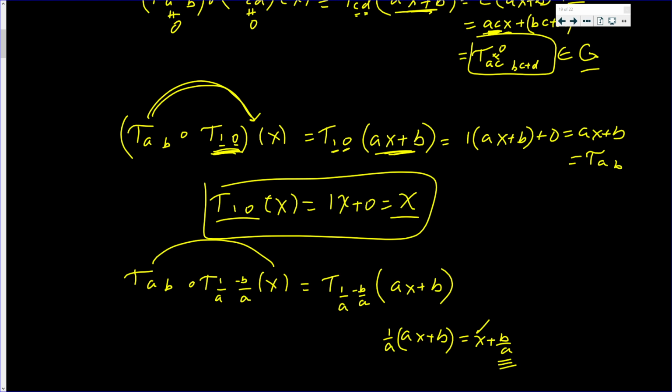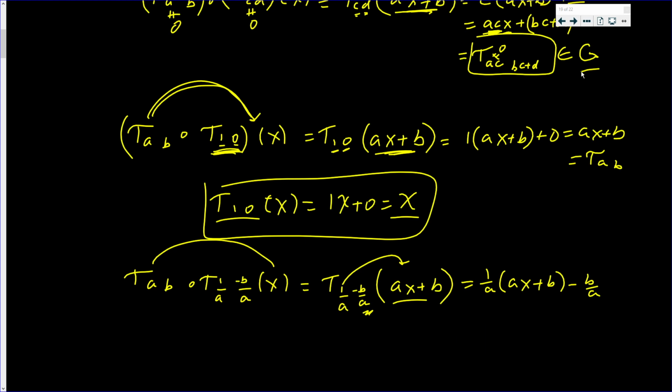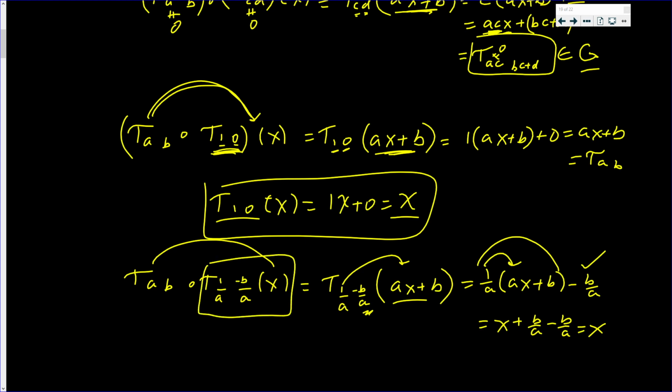So let me put that over here: 1 over a, negative b over a. First, you multiply this by the argument, so you get 1 over a times ax plus b, and then you take away b over a. And this definitely works out, because this product is just x, plus 1 over a times b, which is b over a, but then we take away b over a, so we get x. That's the inverse.